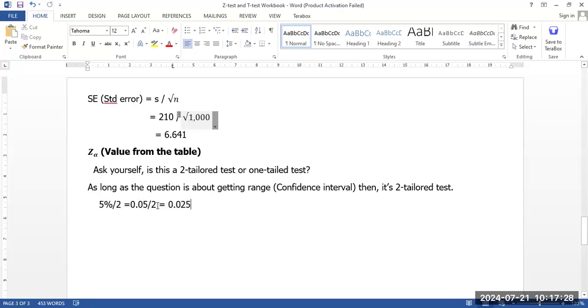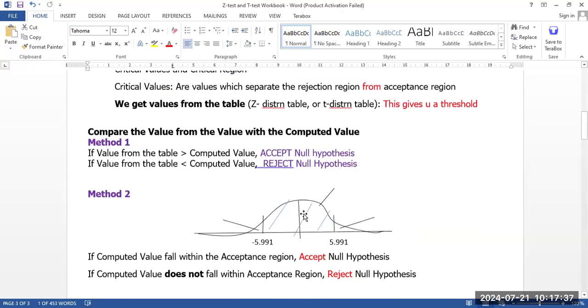Once you get this, colleagues, we know that in this diagram, from here up to infinity, it is 0.5. Then from here also going to the left to infinity, it is 0.5. That is if you're dealing with a Z test.